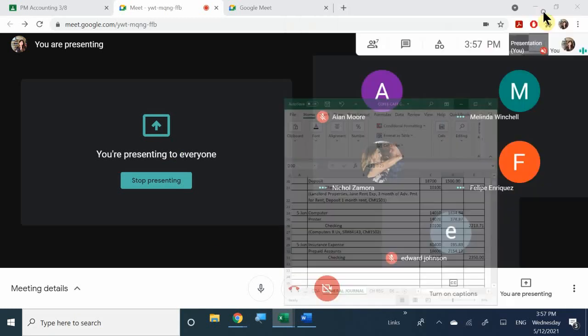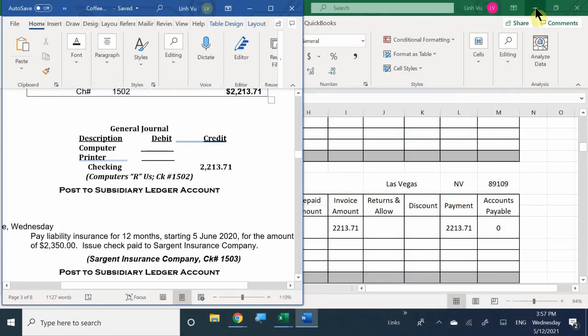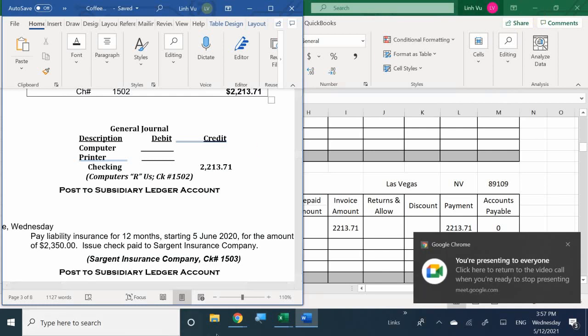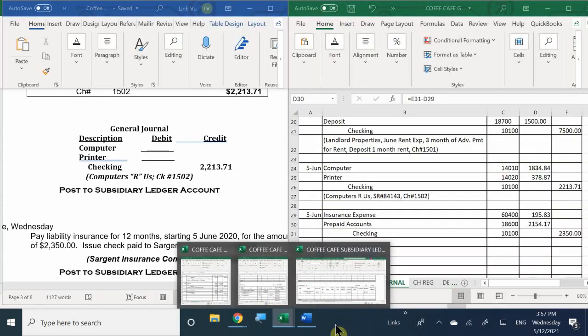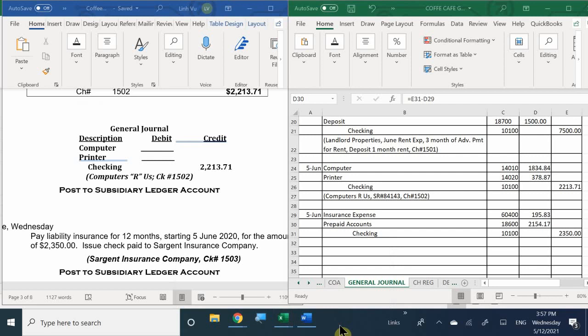In this case, I'm left with $2,154.17, because I've already taken one month out. One month's worth out from my insurance expense. So therefore, I have a remainder of $2,154.17.